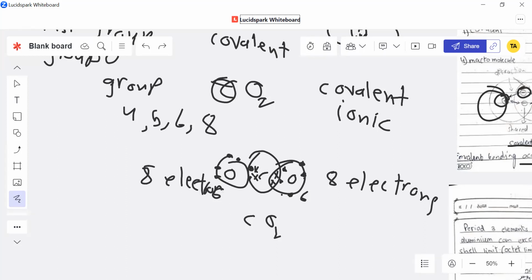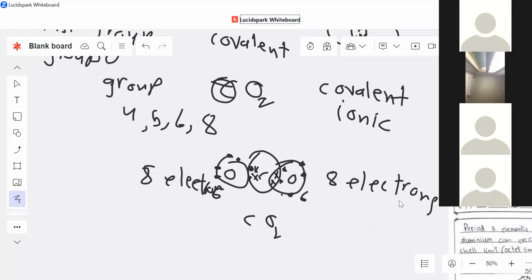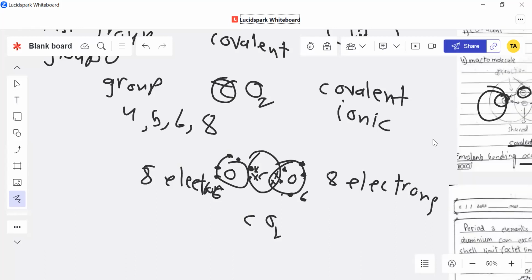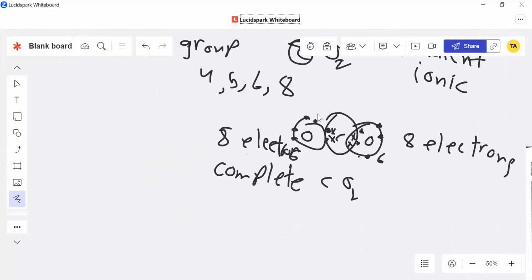And when you form covalent bonds, the outer atoms will have 8 electrons in their outermost shell. When 8 electrons are complete, you have a complete shell, because remember, most elements in the periodic table can hold 8 electrons. There is a condition, I'll get to that, but remember this point: 8 electrons will form a complete shell.